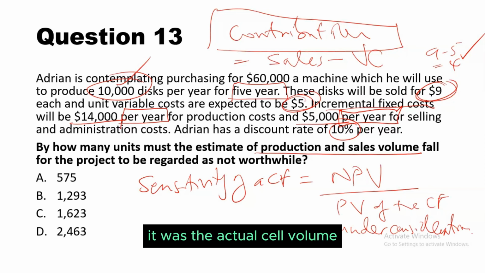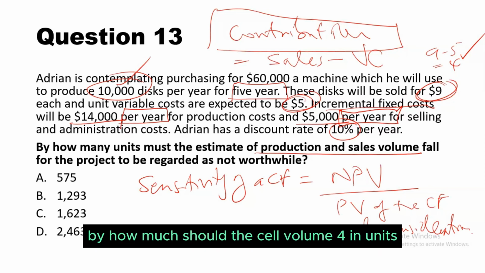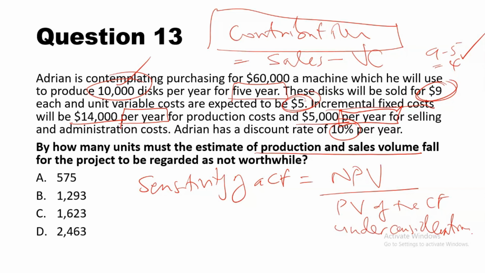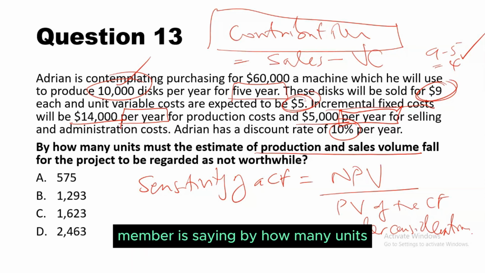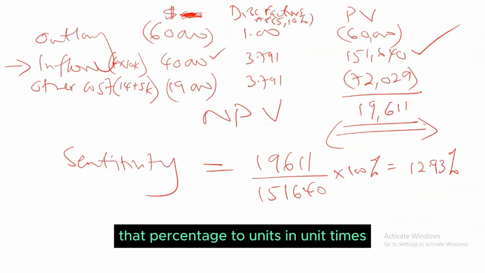But the question was not requiring us to come up with a percentage. It wants the actual sales volume. By how much should the sales volume fall in units. Remember, it's saying by how many units. So we need to then change that percentage to units.